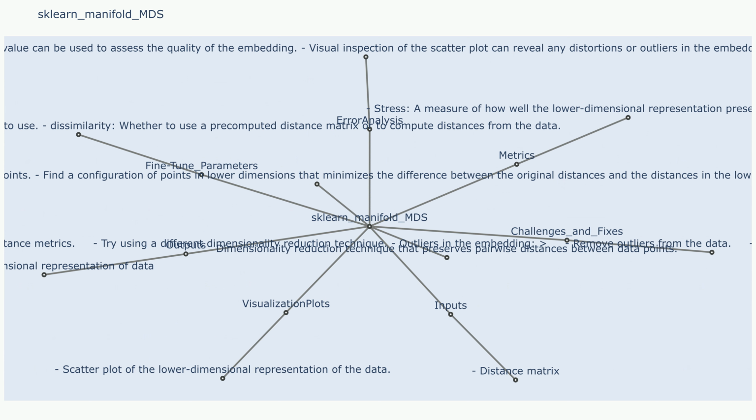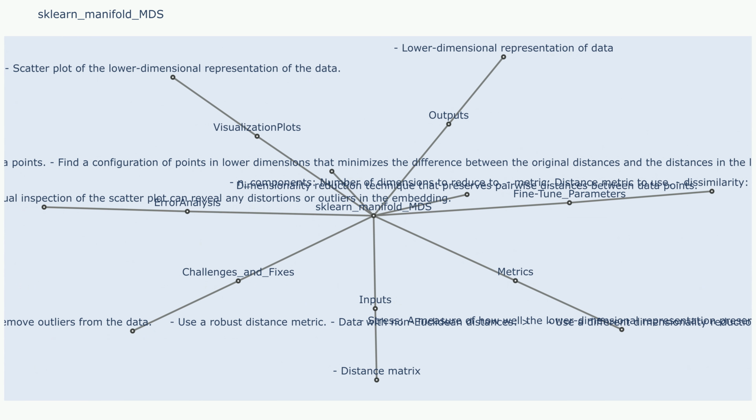For example, data with nonlinear relationships may not be well represented by a linear MDS embedding. Fixes to challenge 1. Consider using nonlinear dimensionality reduction techniques like t-SNE or Isomap. Experiment with different distance metrics that may better capture the data's underlying structure.